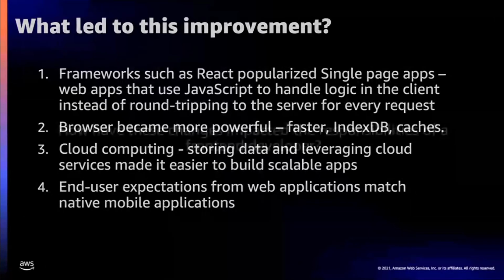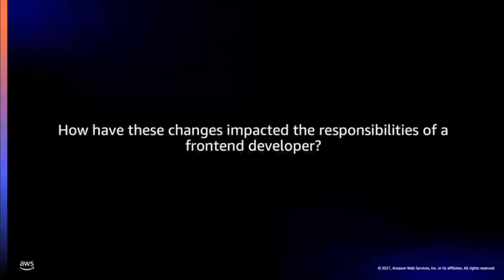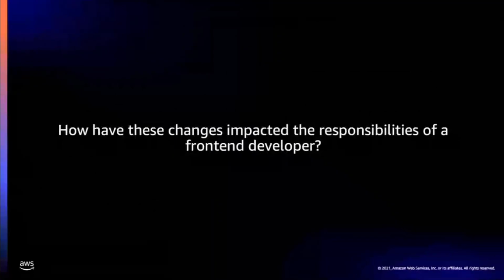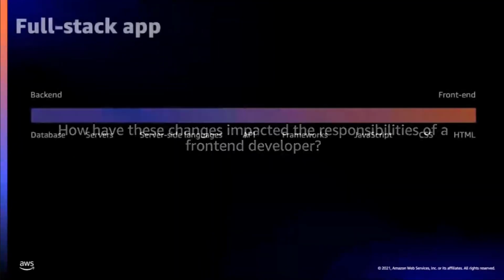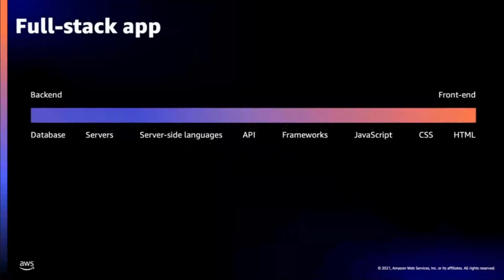Now, how have these changes actually impacted the responsibility of a front-end developer? Right? Because if we look at the full spectrum of a full stack app, the front end is on the right-hand side where you've got HTML, CSS, JavaScript, and it slowly blends into the backend where there's database information, servers, server-side languages.